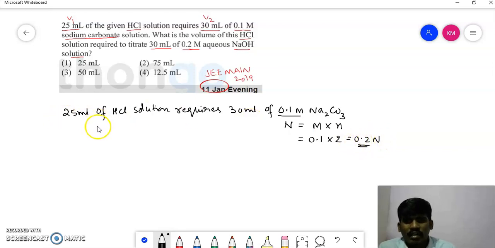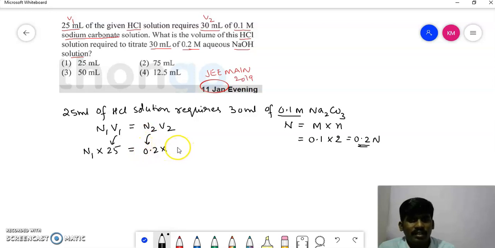So I'll take the law of equivalence, N1V1 is equal to N2V2. So volume V1 is equal to 25, but normality you don't know, that is N1, which is equal to N2, that is of sodium carbonate. Sodium carbonate normality, that is 0.2, that we have calculated now.